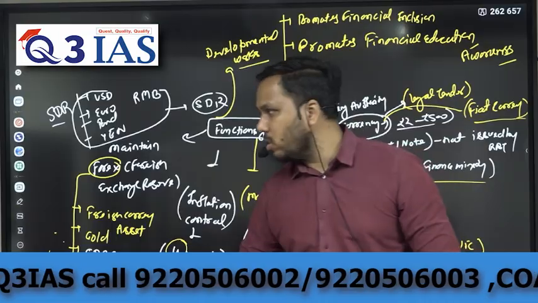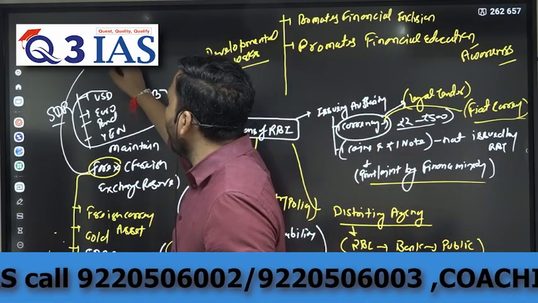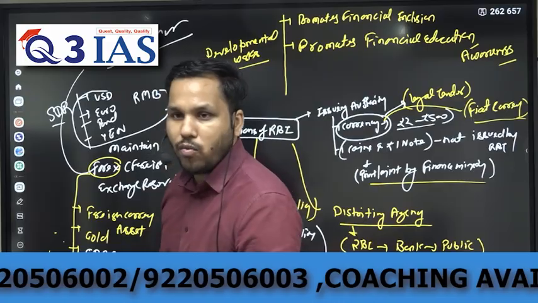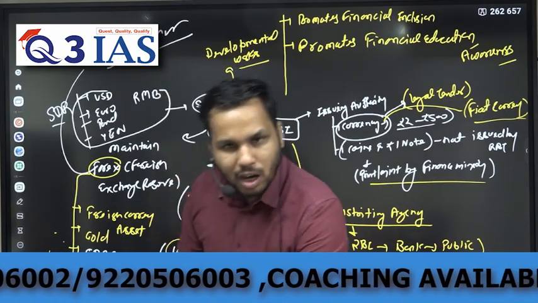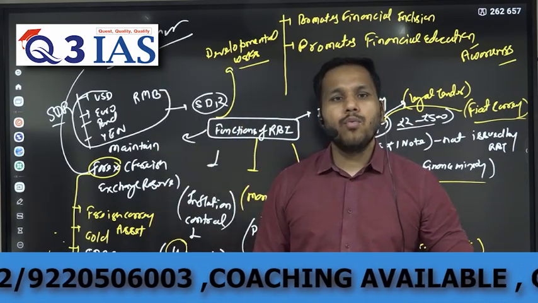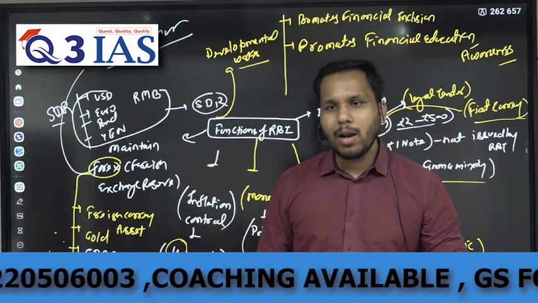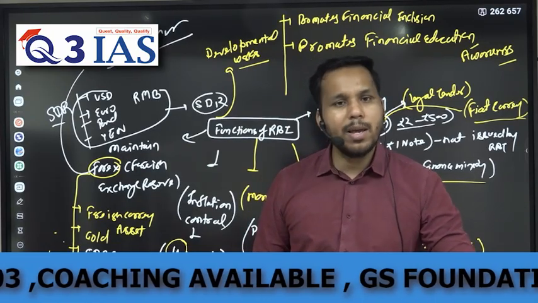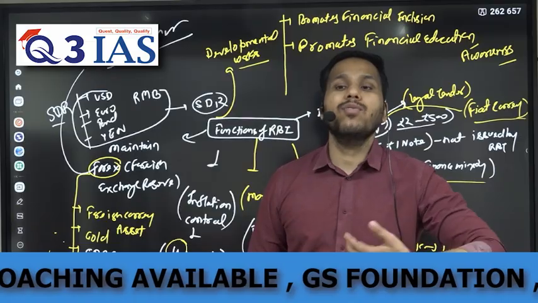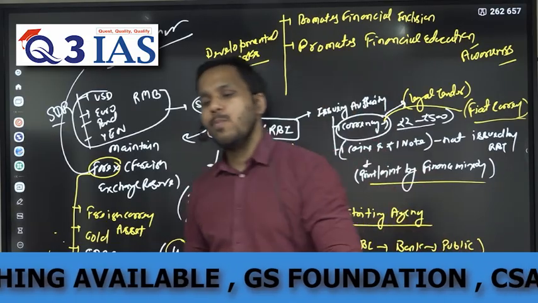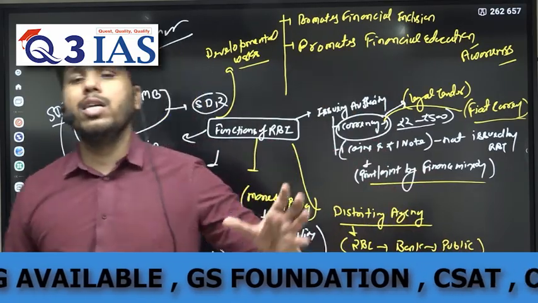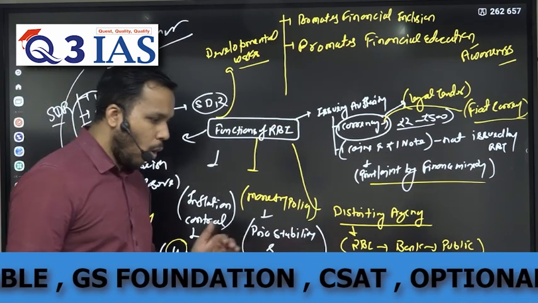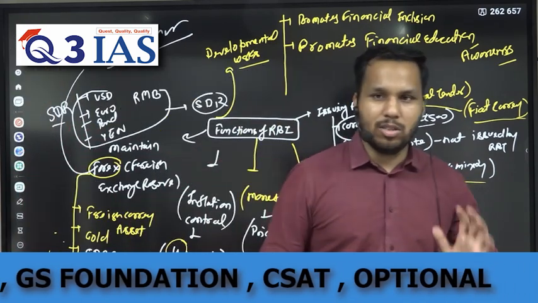And forex reserves basically cover the imports. So generally we call it import cover. What is the meaning of import cover? Import cover shows the potential of our forex reserve and how many months of imports are covered by it. Suppose currently we have a forex reserve of $600 billion, which has an import cover of 9 months.